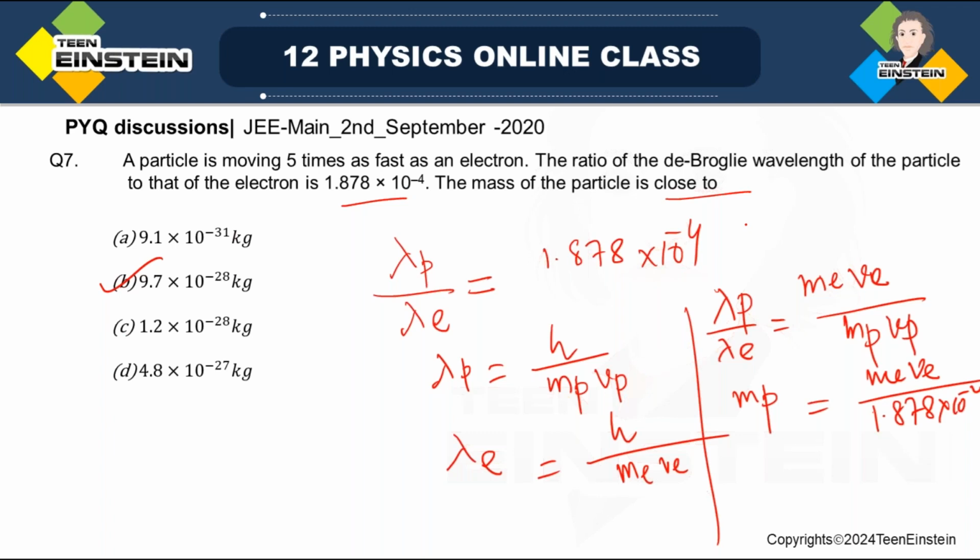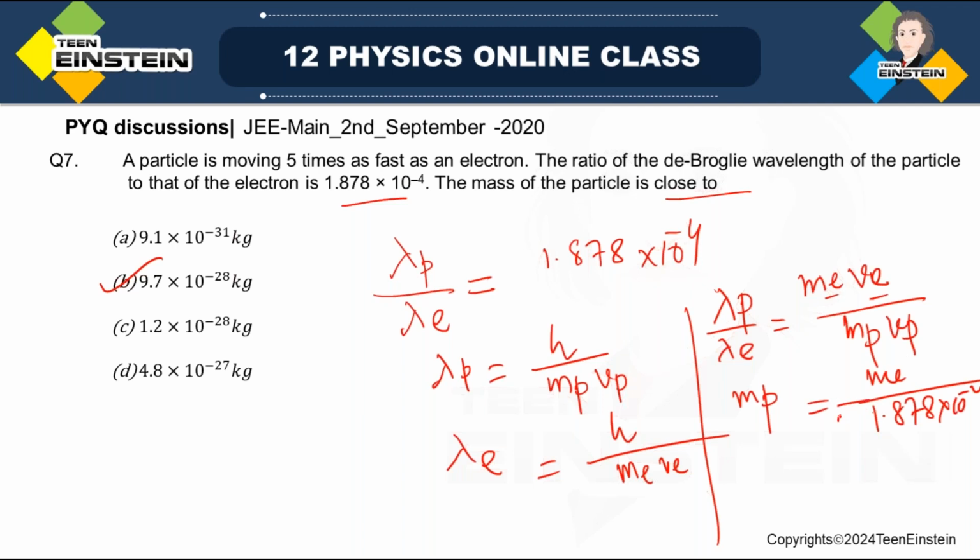So lambda p by lambda e, if I just take the ratio, you will get this. So me ve, you know, the particle has a velocity 5 times faster than that of the electron, so ve will get cancelled.